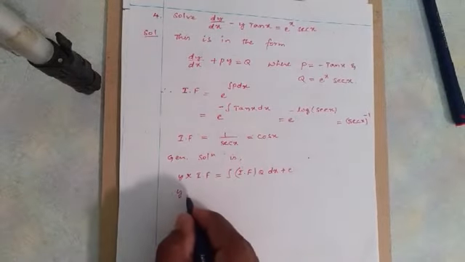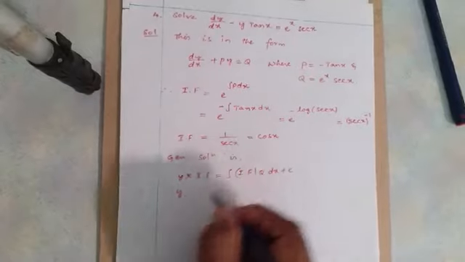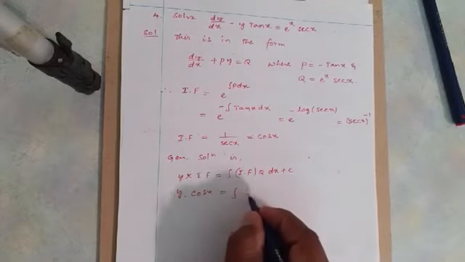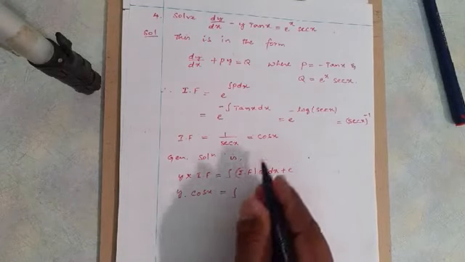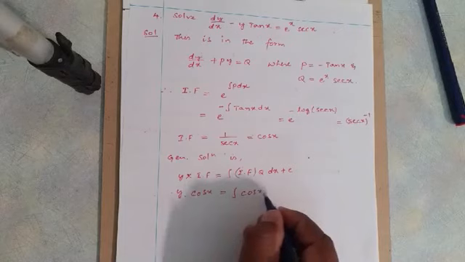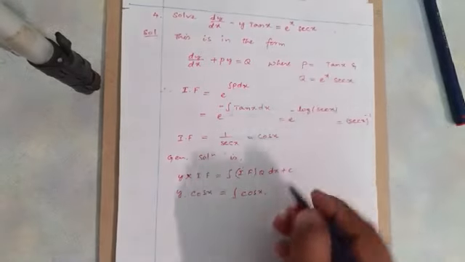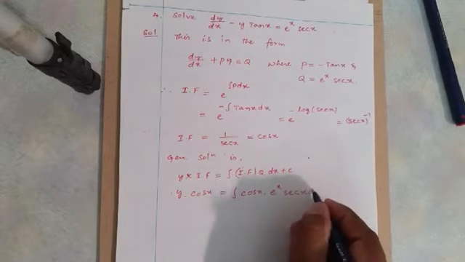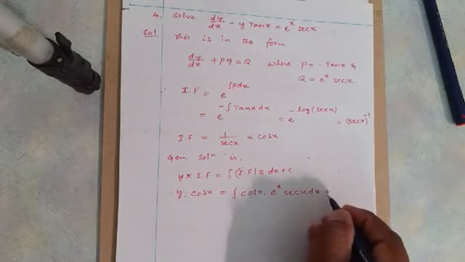So we write here y into integrating factor cos x, so we write cos x is equal to integral of integrating factor cos x into q. Q is nothing but e power x secant x dx plus c.